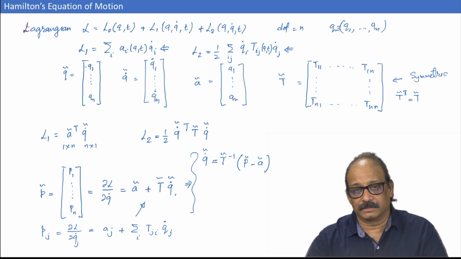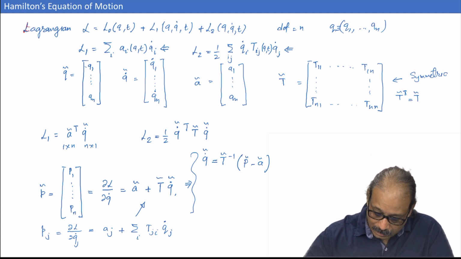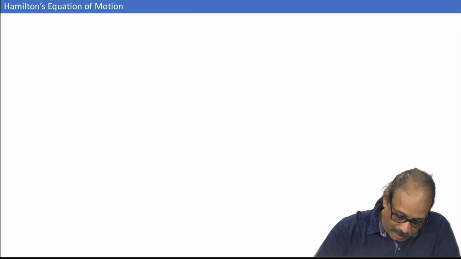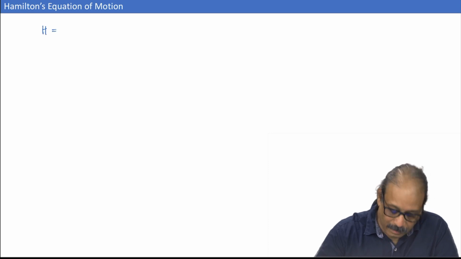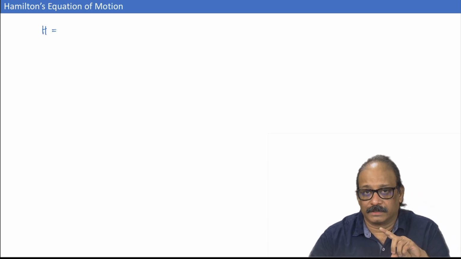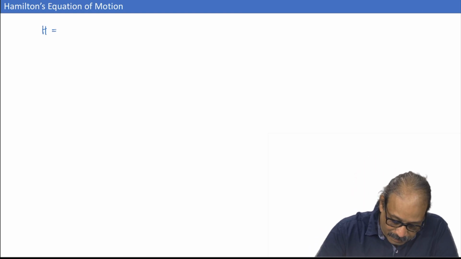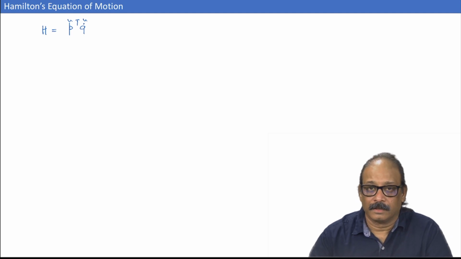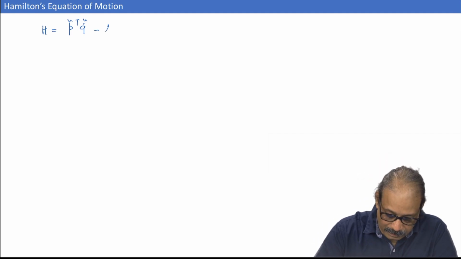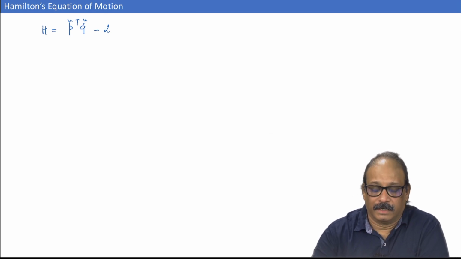Now, let us put all this back into the definition of the Hamiltonian. So, Hamiltonian, this is nothing but there was a summation over Pi Qi dot, which I am simply going to write as P tilde transpose Q dot tilde, minus the Lagrangian, and let us write down individual terms there.